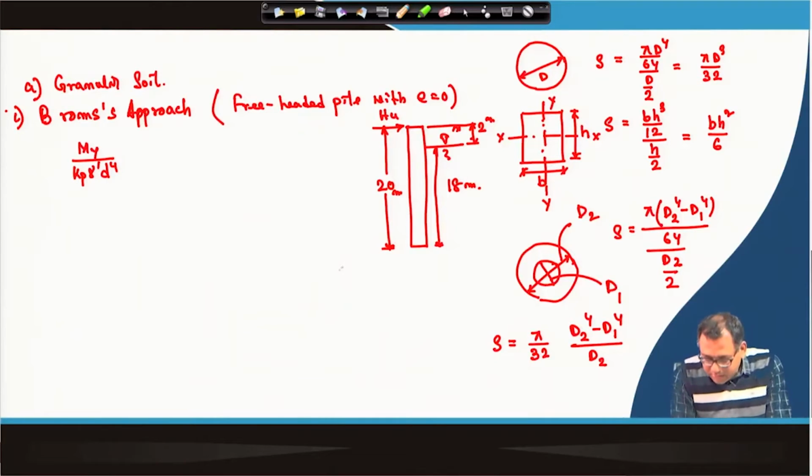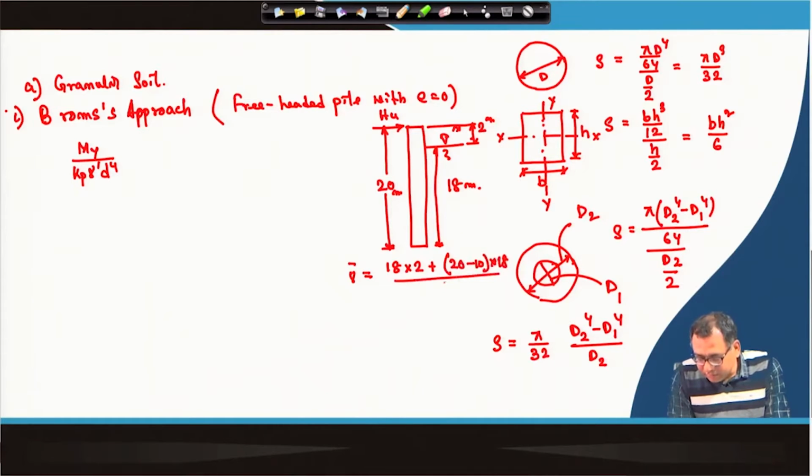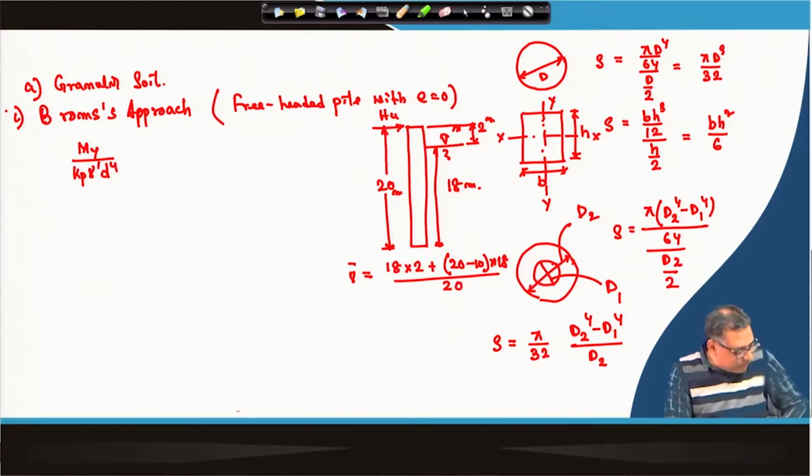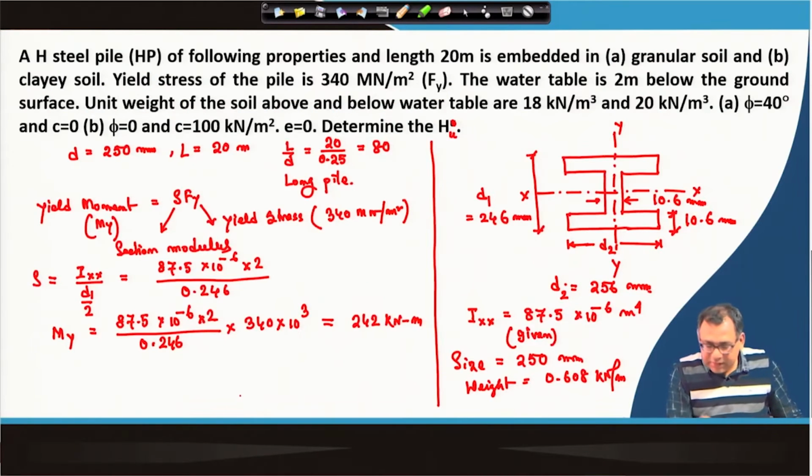So, here I have taken the weighted average unit weight, which will be (18 into 2 plus 20 minus 10 into 18) divided by 20. The unit weight of water is not given, so it is taken as 10 kilonewton per meter cube.